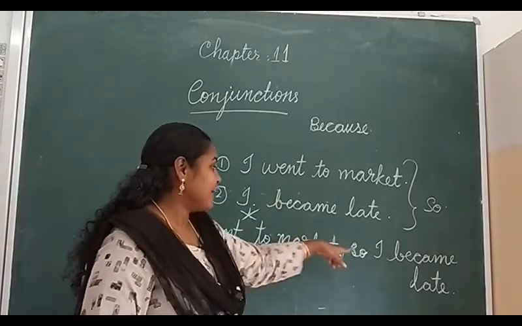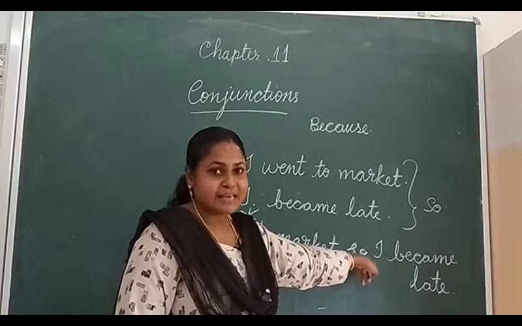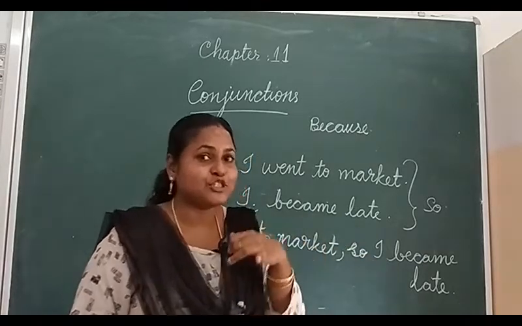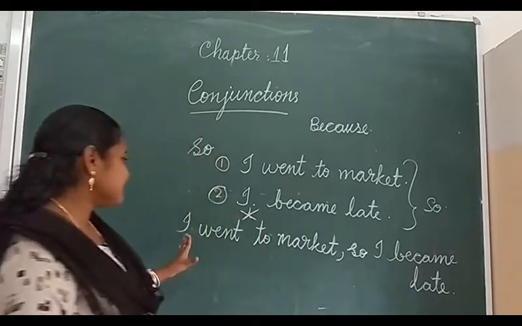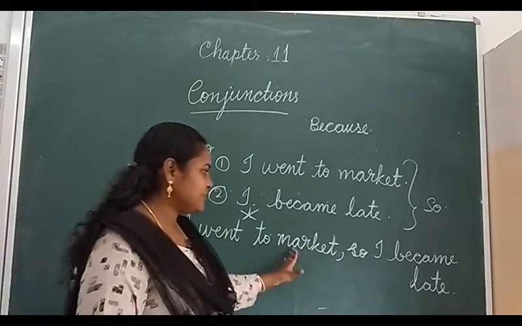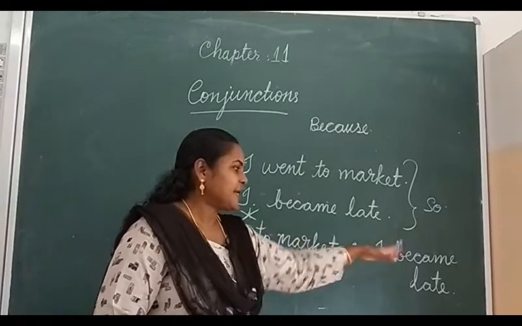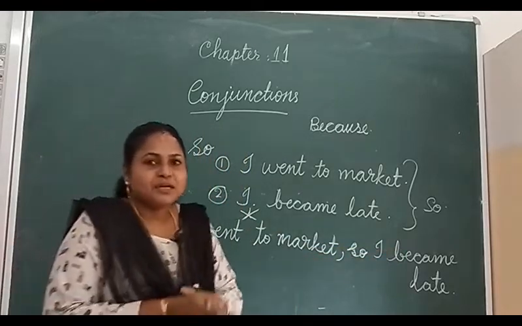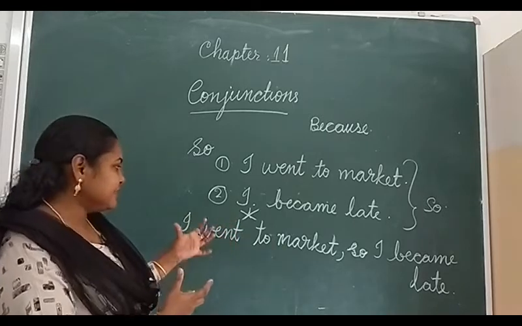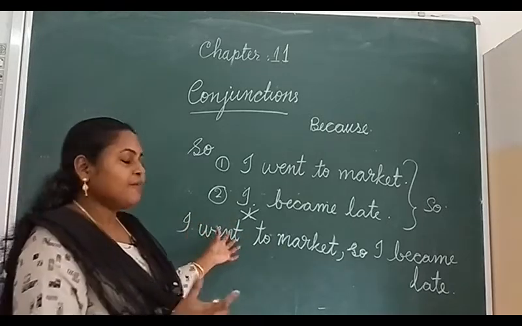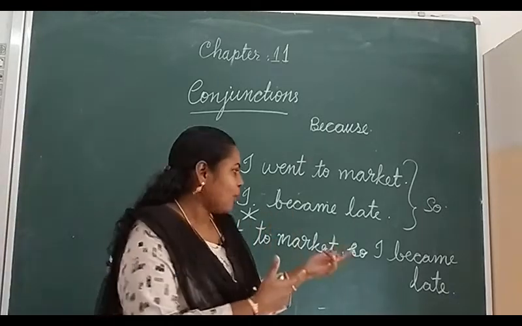But here we have to use I as a capital letter because it refers to the first person singular. So the sentence is: I went to market, so I became late.